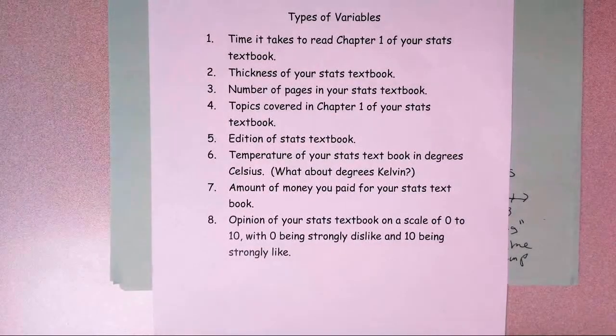If you said quantitative discrete, I understand why, because you have the 1st edition, 2nd edition, 3rd edition, kind of like you're counting the edition, and those are kind of numerical in our minds. And so I get that. But actually, as it turns out, the edition of your stats textbook is actually a qualitative variable.